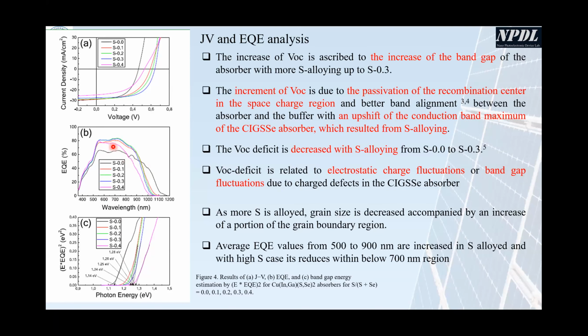That means the sulfur 0.4 contains high sulfur and too much grain boundary, and it creates too much trough. That's why the wavelength response drops. So that's our conclusion from the device parameters. We concluded that high sulfur is not desirable, but sulfur is desirable up to an optimum level.